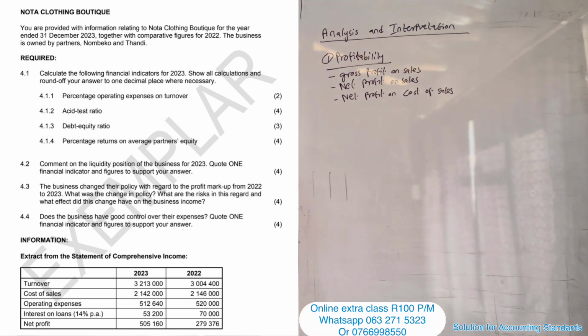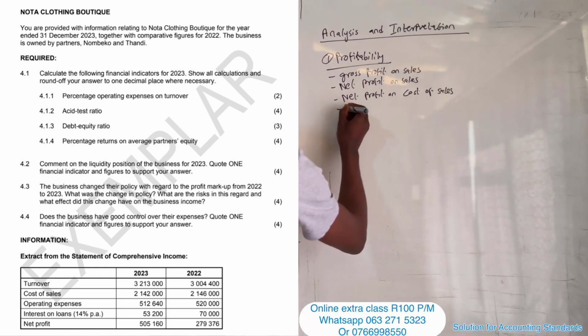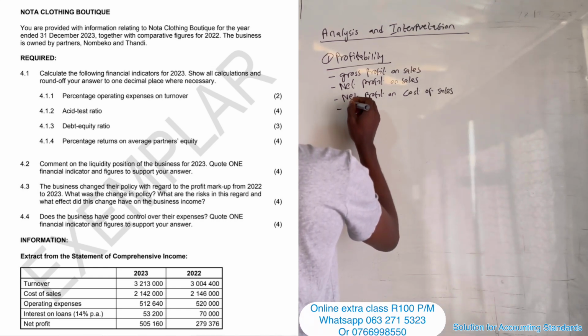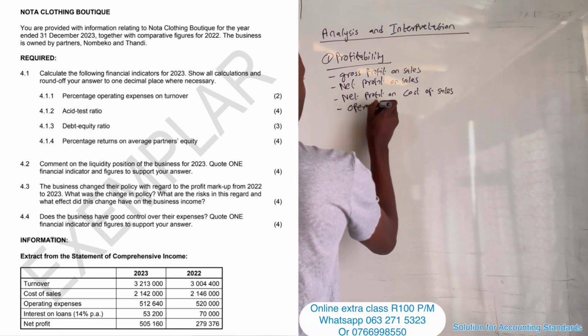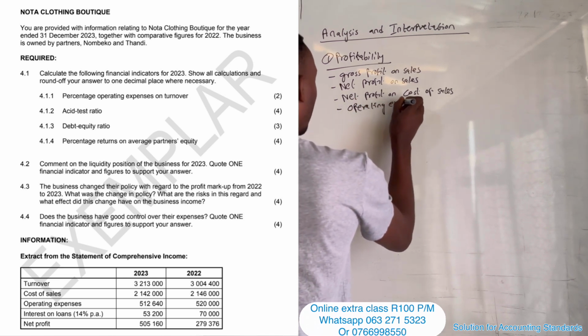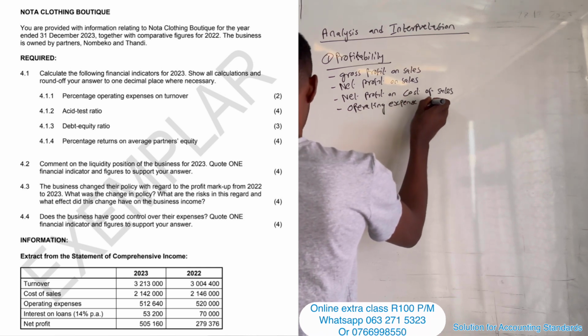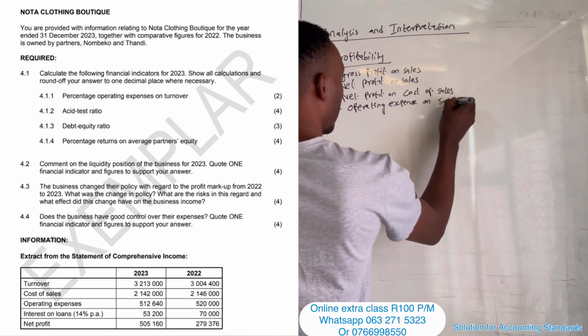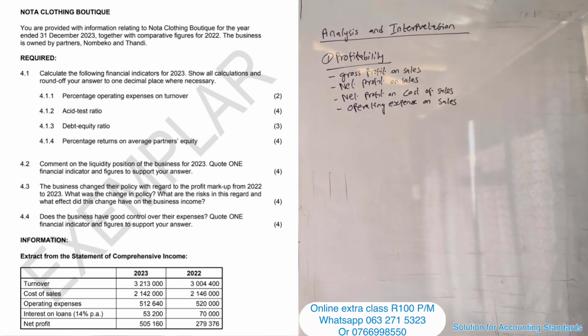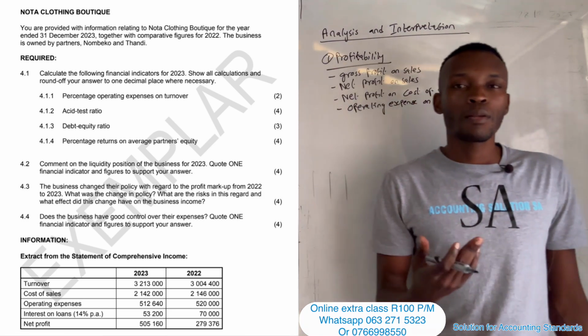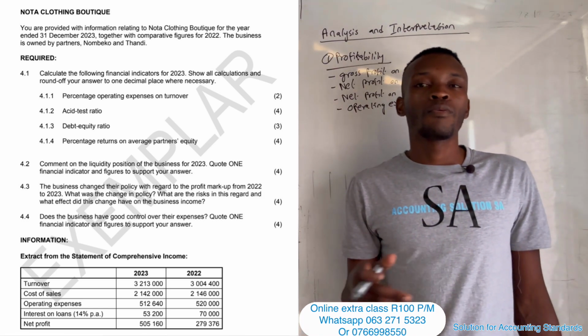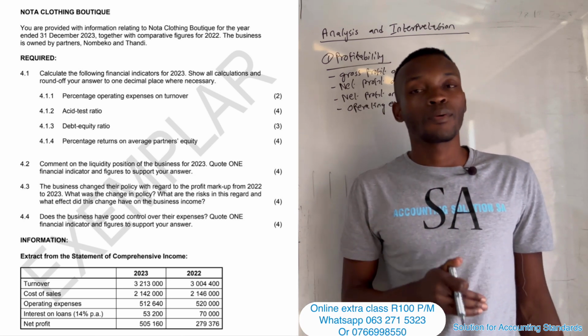The third one, even though we're not going to do all of them, I think the last one we can pick is operating expense on sales. Okay, when we say operating expense on sales, guys, this ratio is going to help you to see if you have well controlled your expense or not.